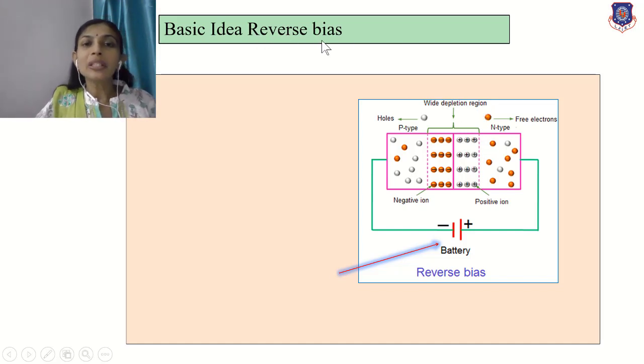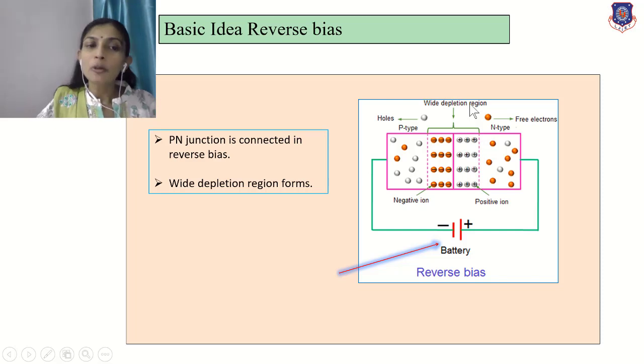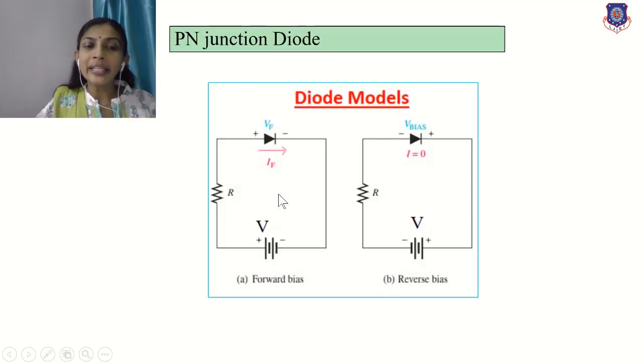As per the basic rule of reverse bias, the battery minus is connected with P and plus is connected with N, and the final conclusion is that a wide depletion region will be formed. The PN junction is connected in reverse bias as shown in this diagram, and a wide depletion layer will be formed.